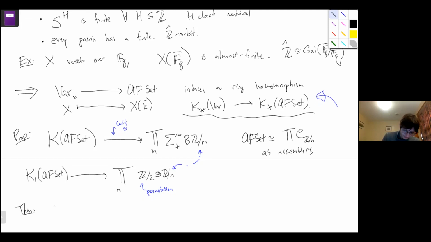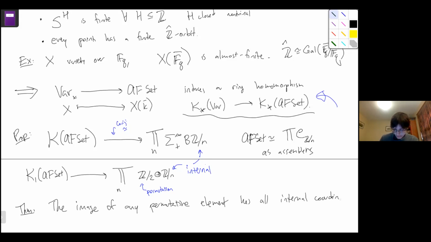And the theorem is that the image, oh, sorry, and this one is called the internal. This is the internal variable. The image of any permutative element has all internal coordinates 0 when n is bigger than 1.